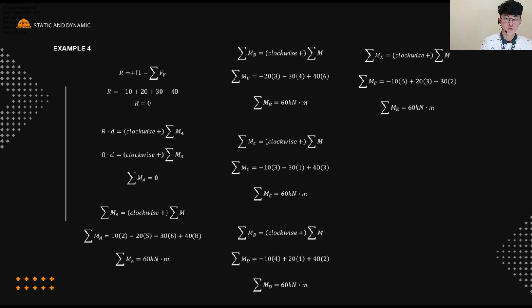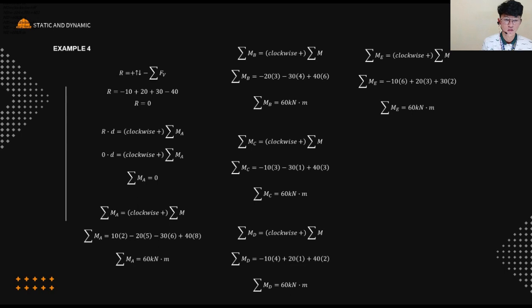So, summation moment C equals negative 10, counterclockwise yung 10, kaya negative, times 3, minus 30 times 1 counterclockwise ulit, kaya naging negative, and then positive 40 times 3. So, yung makuha nating moment dito sa C is 60 kN meter.